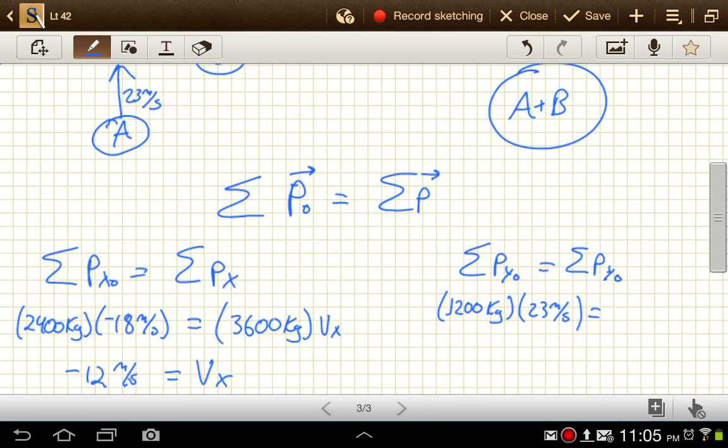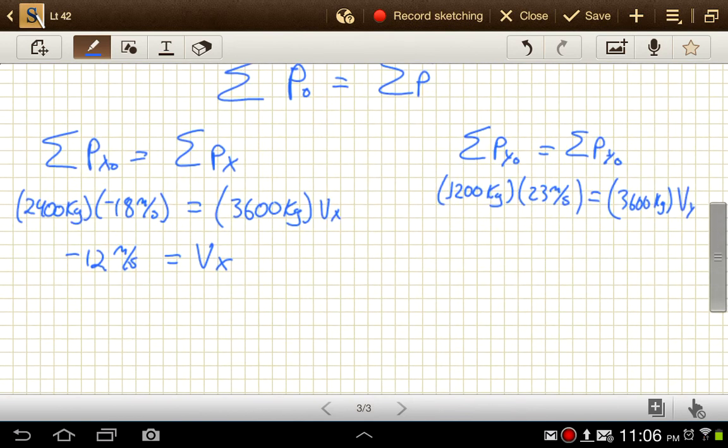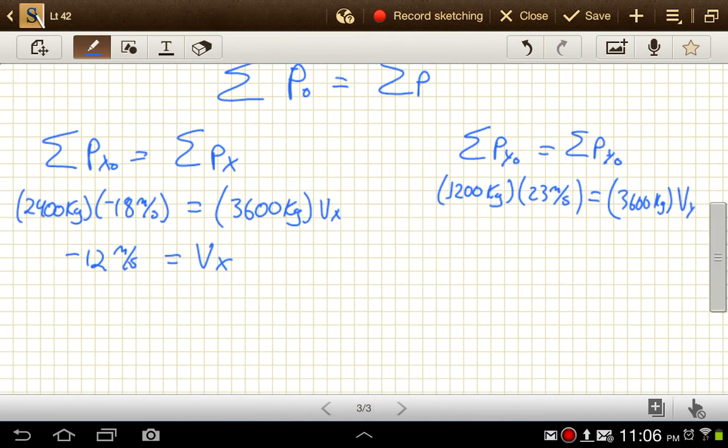That's going to equal the total mass, 3,600 kilograms, times the y velocity final. So now we can do our 1,200 times 23, and then divide that by 3,600, and we get 7.67 meters per second for velocity in the y.